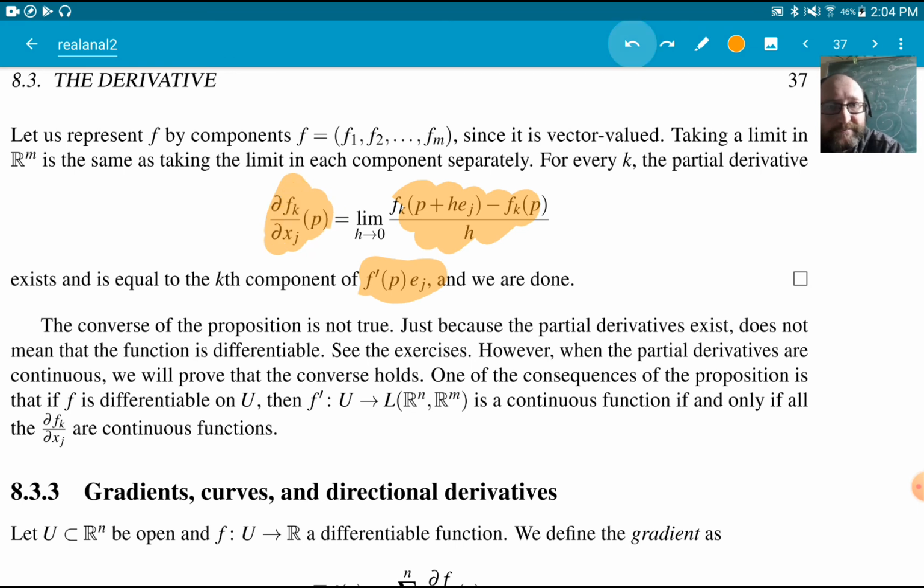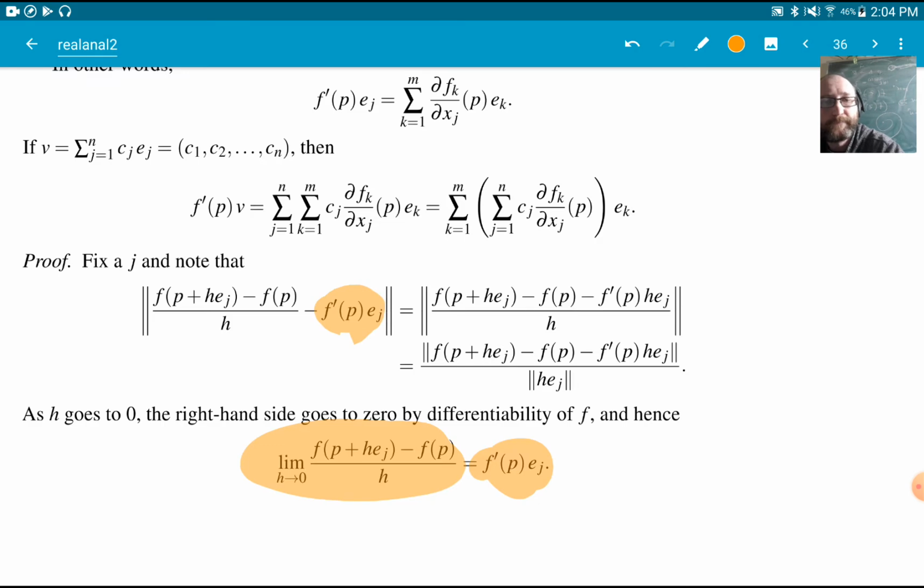Well, we're done, because if we think of it as a matrix, with everything in the standard basis, this is the jth column of that matrix. The kth component is the kth entry in the jth column, so it's the entry in the matrix.